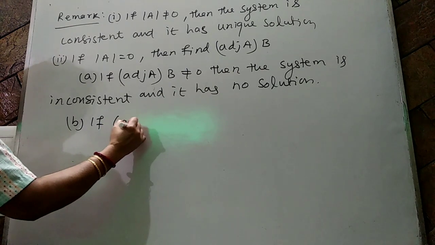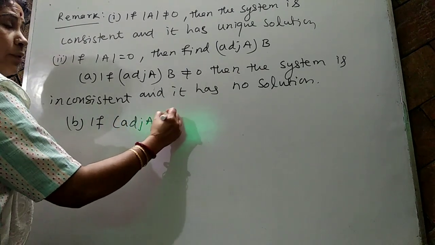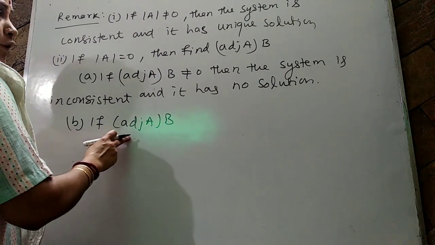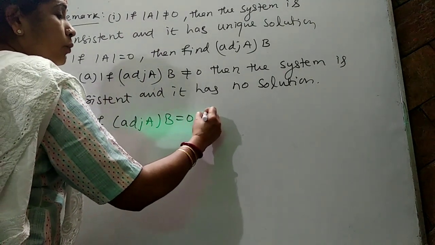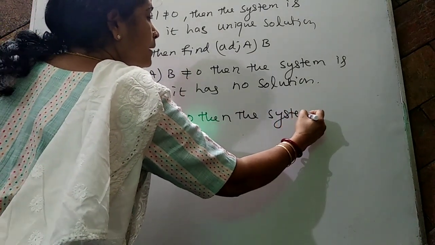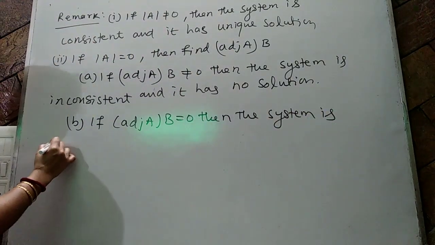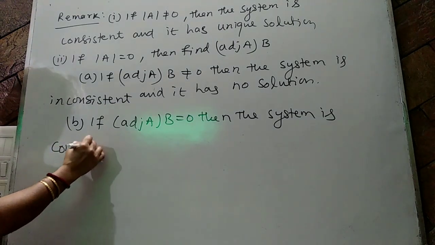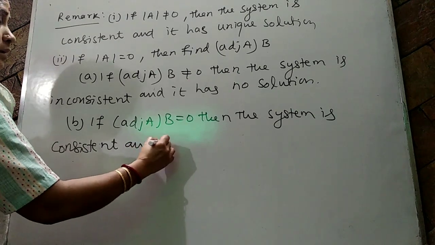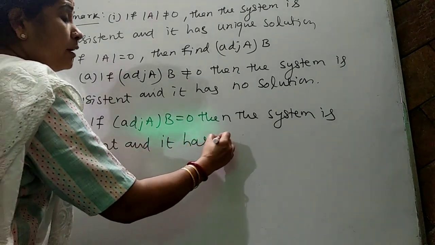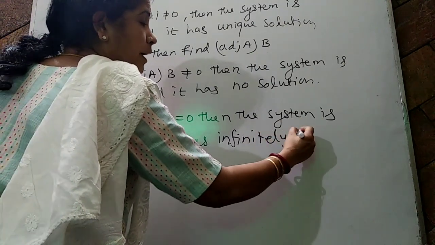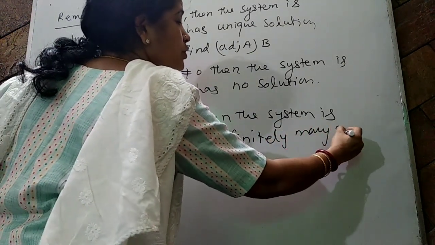If adjoint of A into B equals 0, then the system is consistent and it has infinitely many solutions. Maybe one more question they will ask on infinitely many solutions.